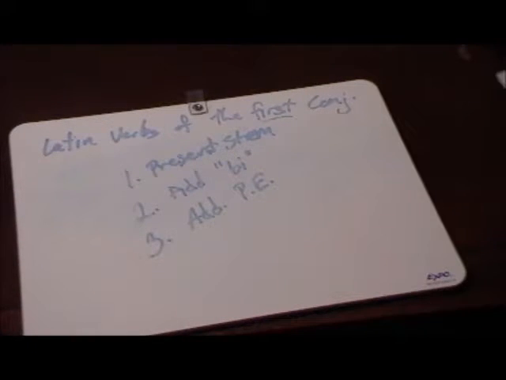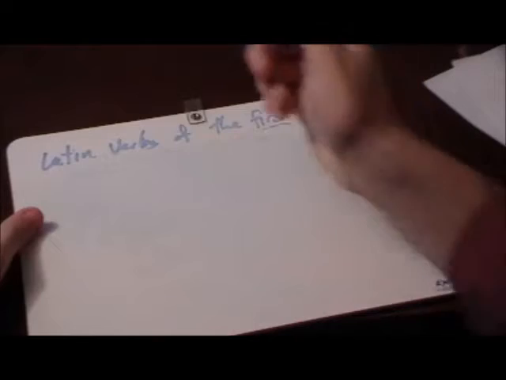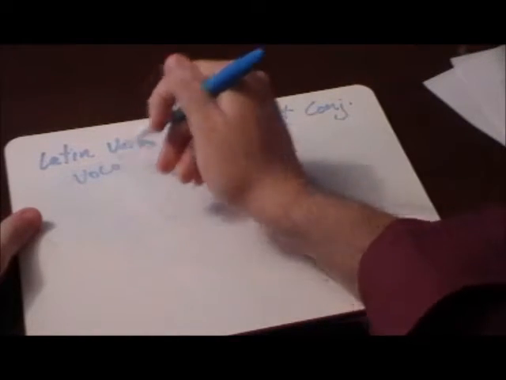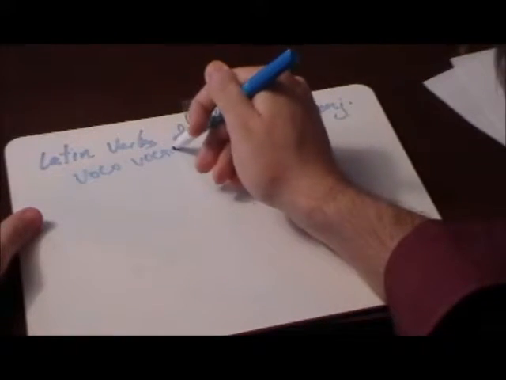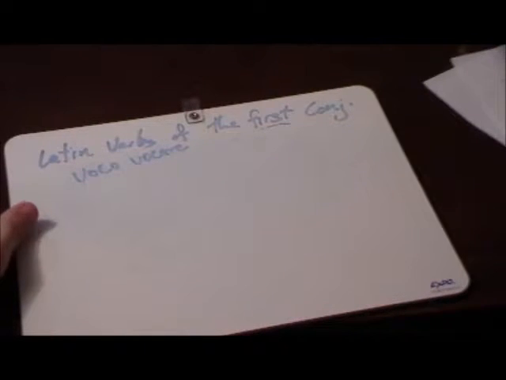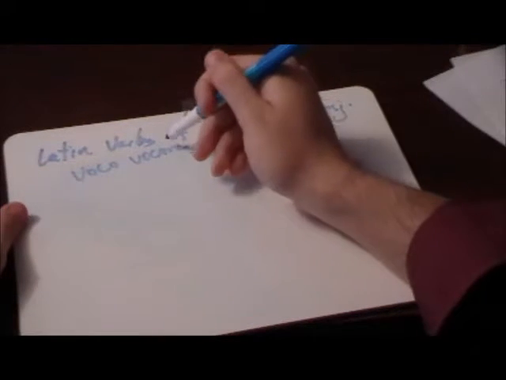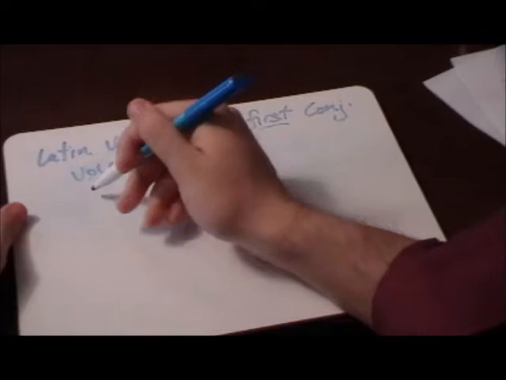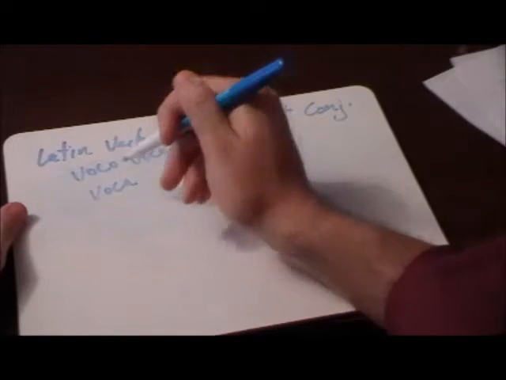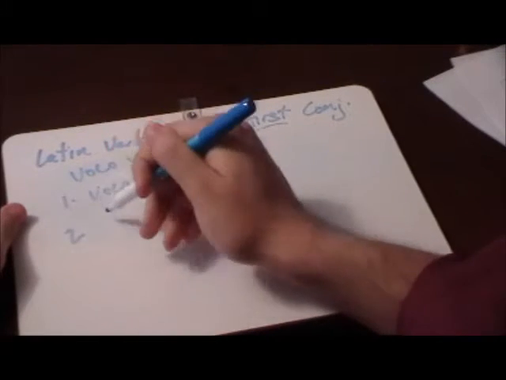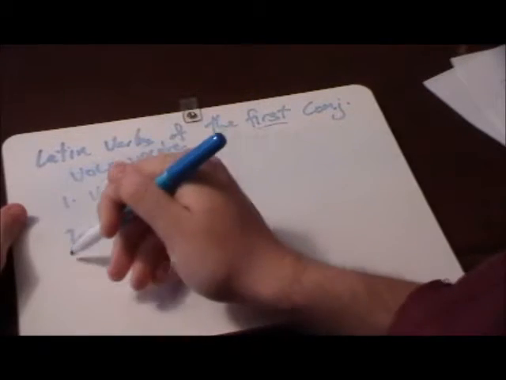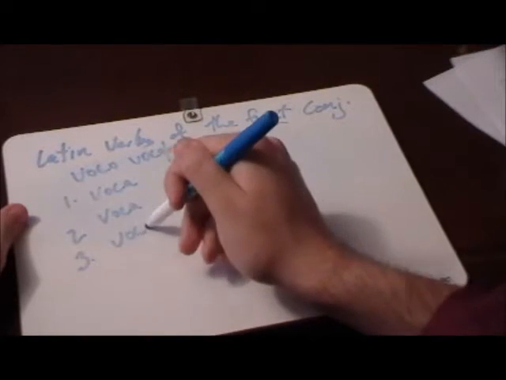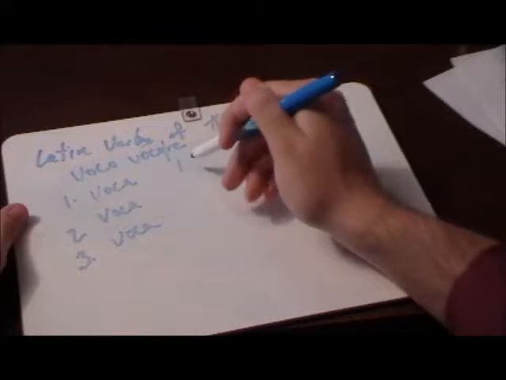So, let's work a few of these out. Let's start with the paradigm verb voco. Principal parts of voco are voco, vocare, vocavi, vocatus. We only need the first two parts. Take off the RE. That leaves you with the stem of voca. So we can go ahead and write that out six times.